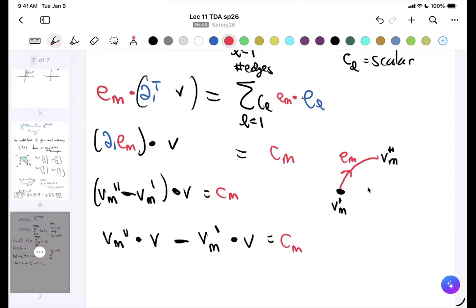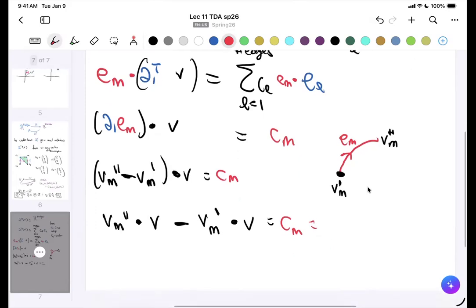So you have a vertex V, a vertex Vm prime, and a vertex Vm double prime, and all the vertices are orthogonal to one another. If all the vertices are distinct from one another, they just give you zero, because if you have only three different vertices, all these possible dot products are just zero. So this coefficient would be zero.